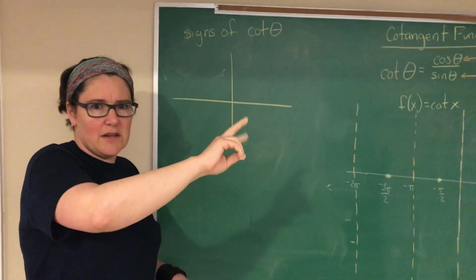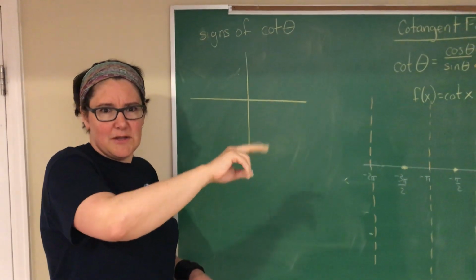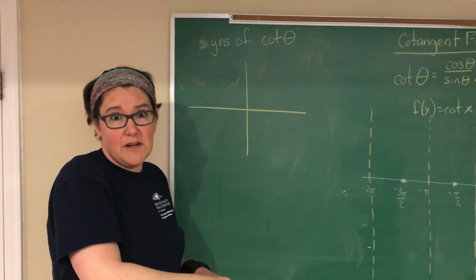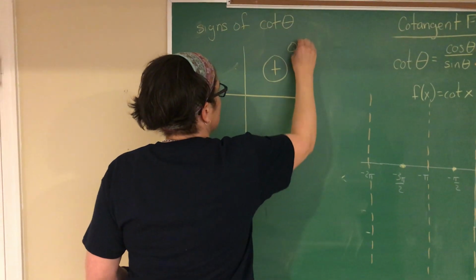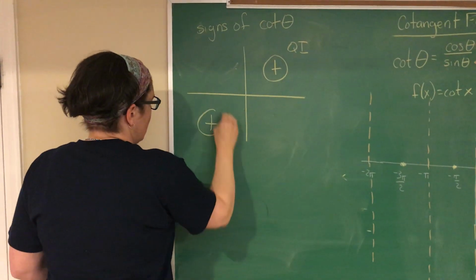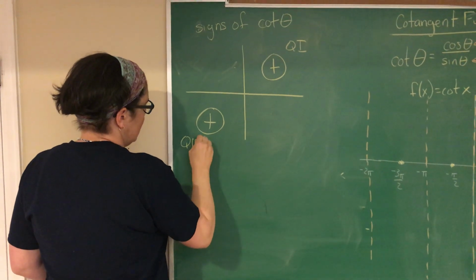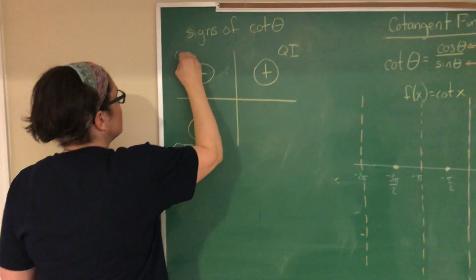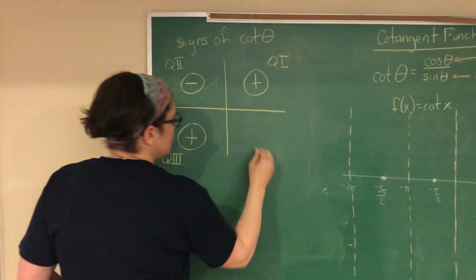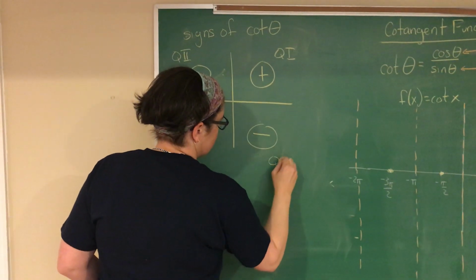Like if you have x over y or y over x, it's going to be the same sign, positive or negative. So cotangent is positive in quadrant 1 and quadrant 3, just like the tangent function. And cotangent will be negative in quadrant 2 and in quadrant 4.